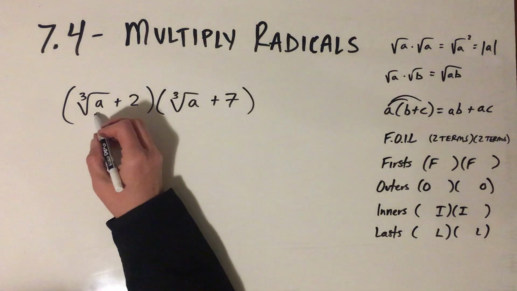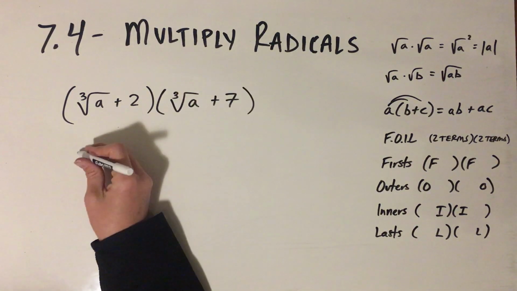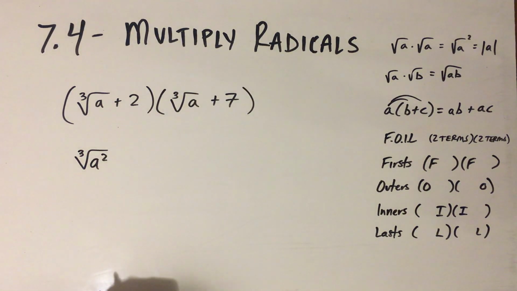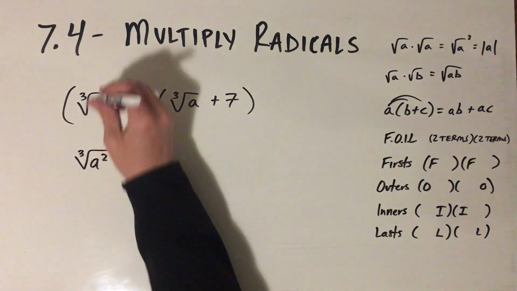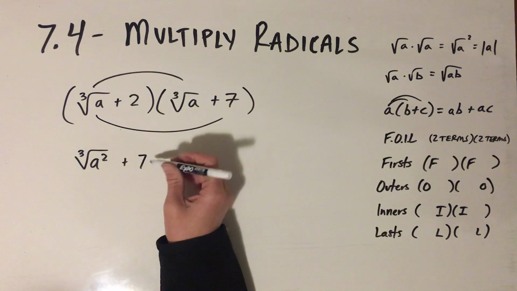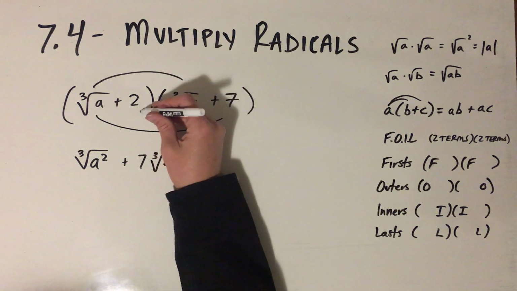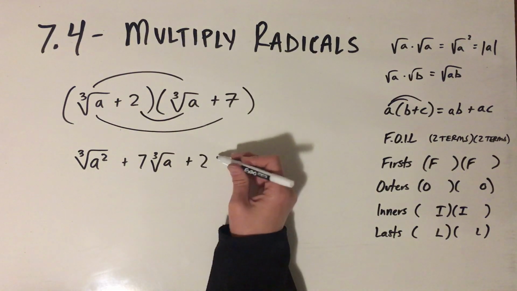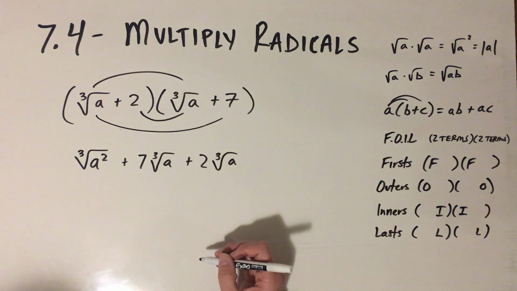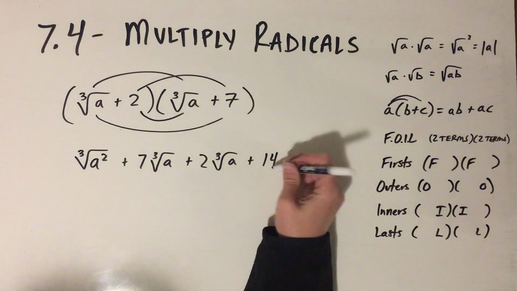Well, the cube root of a times the cube root of a, the radicands are going to stay underneath, so I'm going to have the cube root of a squared. Okay, so that was the firsts. The outers, I'm going to have just 7 times the cube root of a. The inners, I'm going to get 2 times the cube root of a. Okay, and the lasts, 2 times 7 is going to give me 14.